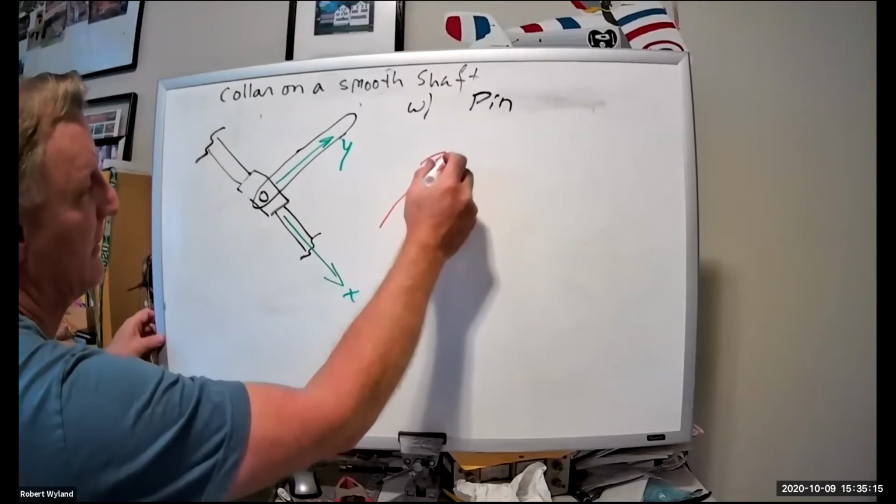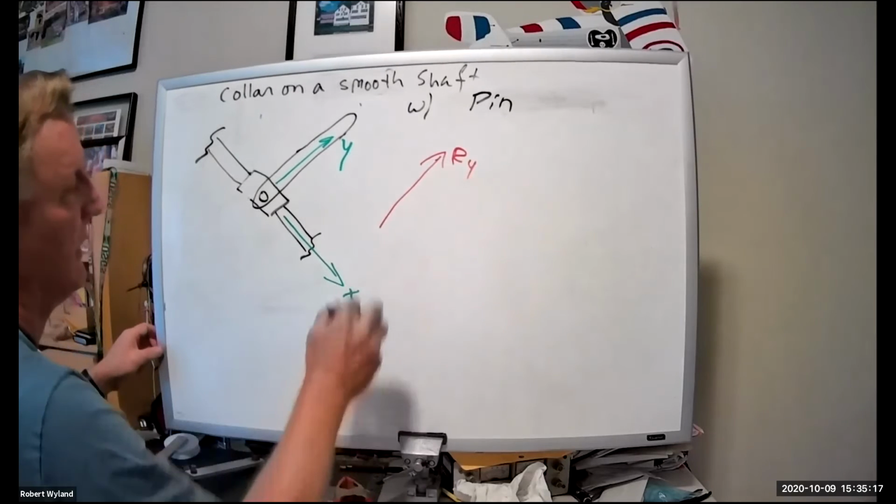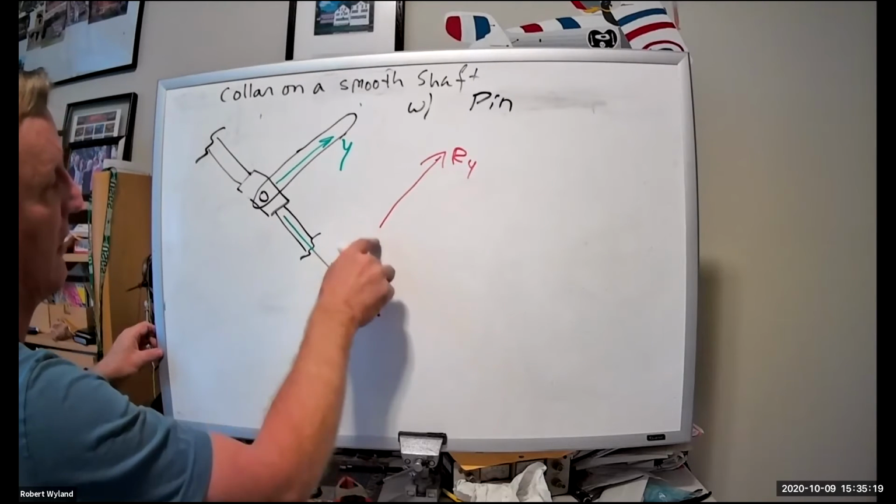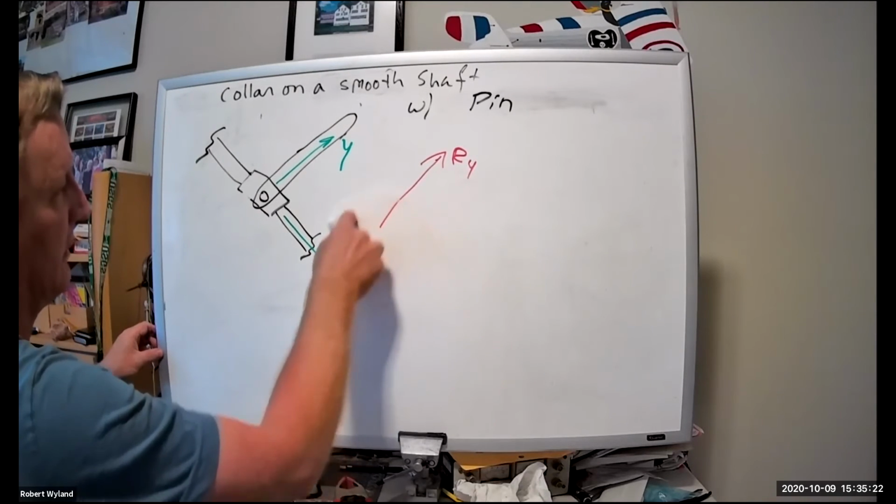So we said we had a reaction in Y. We had no reaction in X because we slide along, and we had no reaction in the moment.